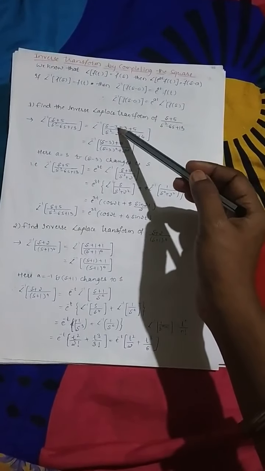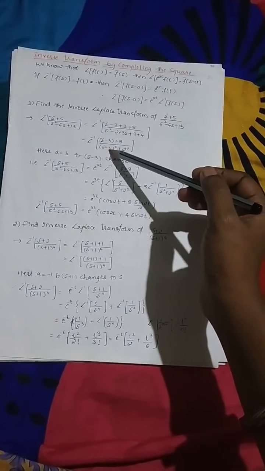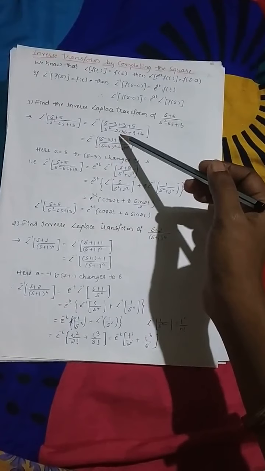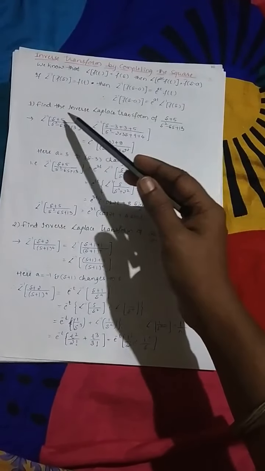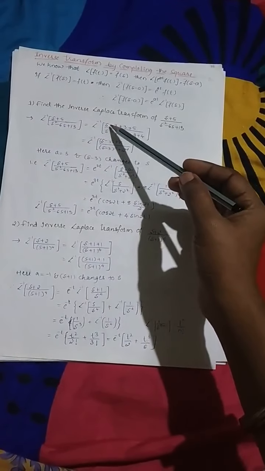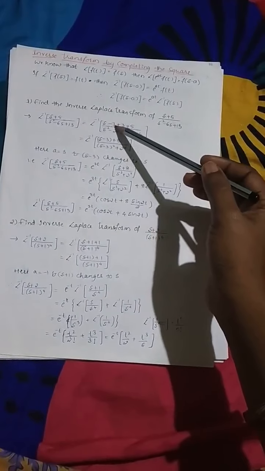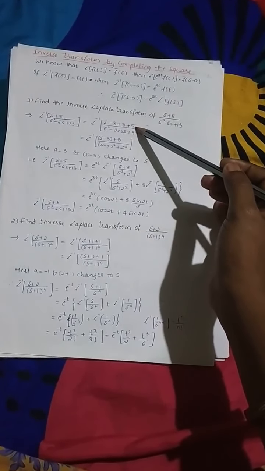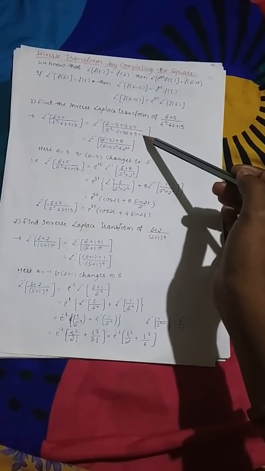Here we have obtained s minus 3, and the same s minus 3 I want in the numerator. Therefore for the numerator s plus 5, I am adding and subtracting 3, that is s minus 3 plus 3 plus 5 upon s square minus 2 into 3s plus 9 plus 4.